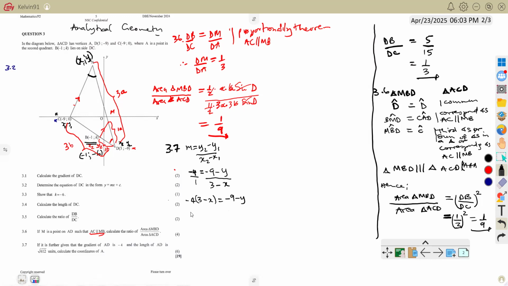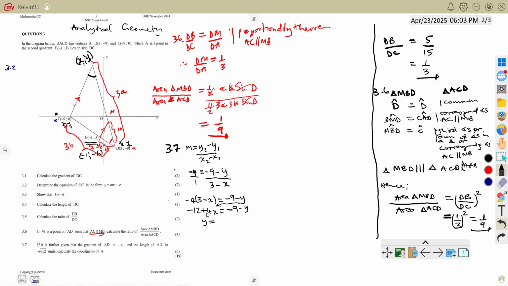Then expand there, it's gonna be -12 plus 4x, which is equal to -9 minus y. We can make y the subject of the formula. If we take y to that side, it becomes positive.